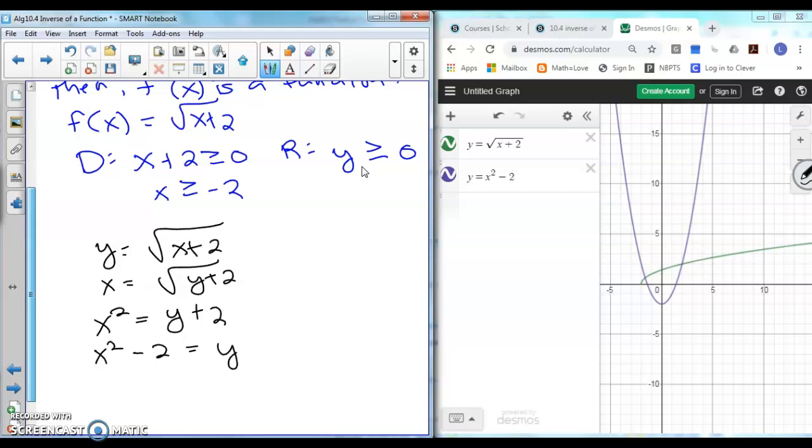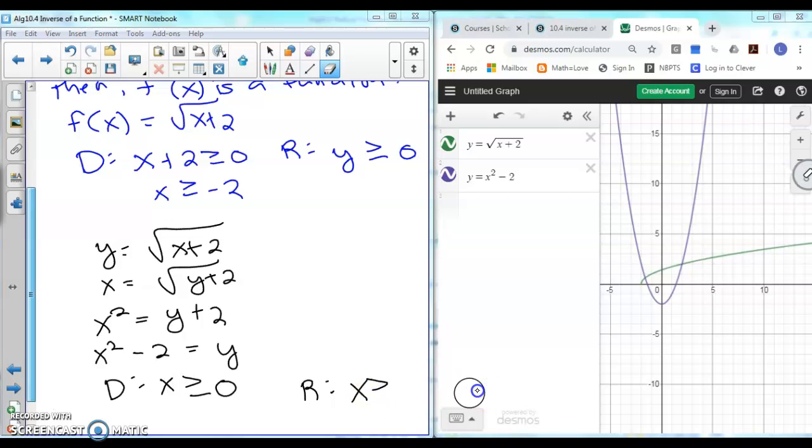In other words, the domain and the range are also switched for the inverse. So that means the domain of your inverse will be x is greater than or equal to 0, right? And the range of your inverse will be the domain of the original function, which is x is greater than, I'm talking about the range, so I have to say y.